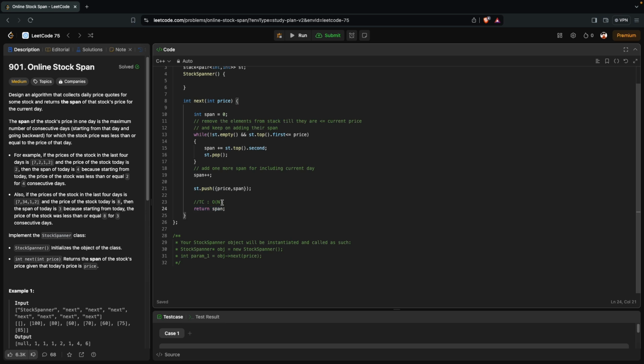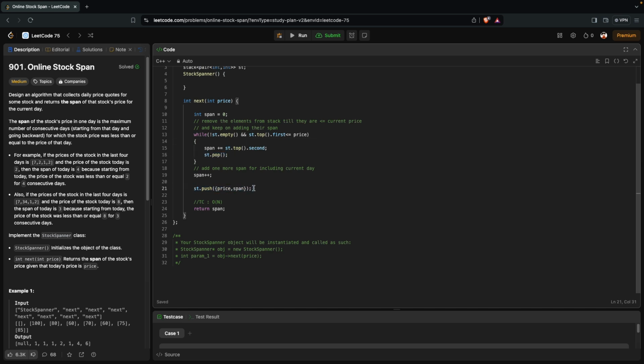And if we see, the complexity of this algorithm is big O of n. Why? If you notice, this next will be called n times for n stock prices. And the only operation which we are doing is either popping from the stack or pushing to the stack.